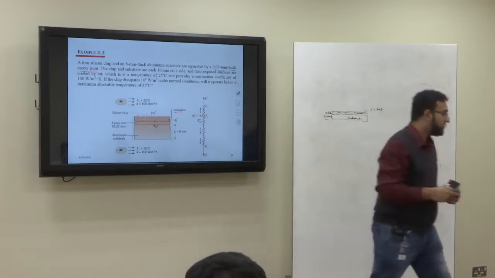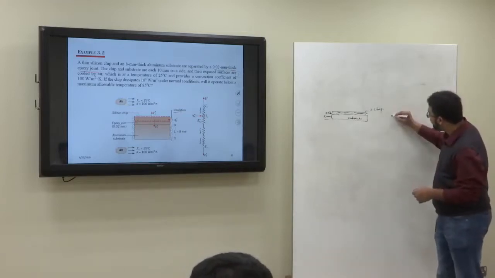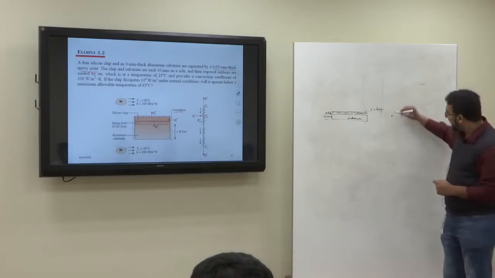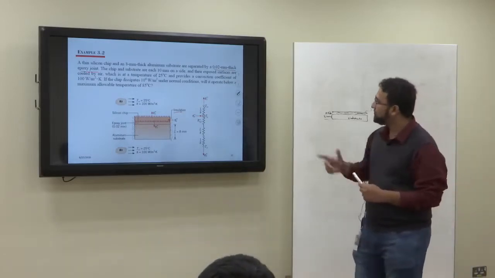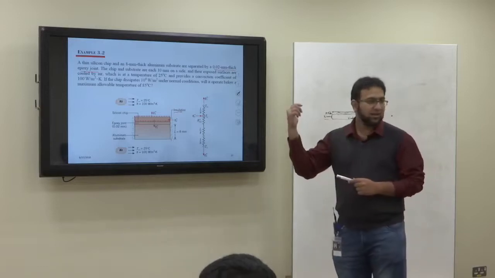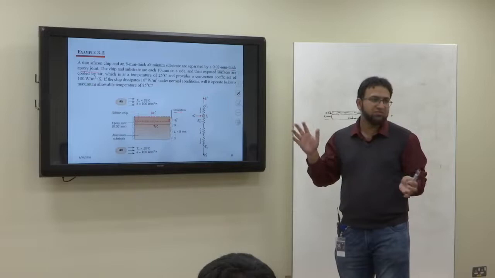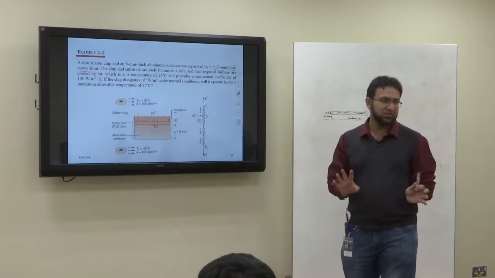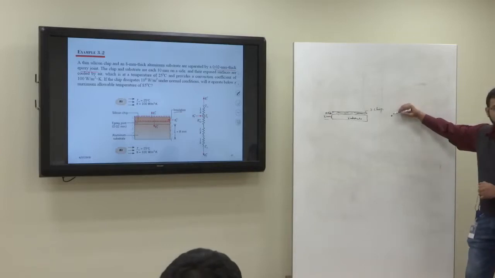So suppose this is your chip. On the above side, is there any emissivity provided? No. That means we assume that there is no radiation effect. From the top, what kind of loss is possible?